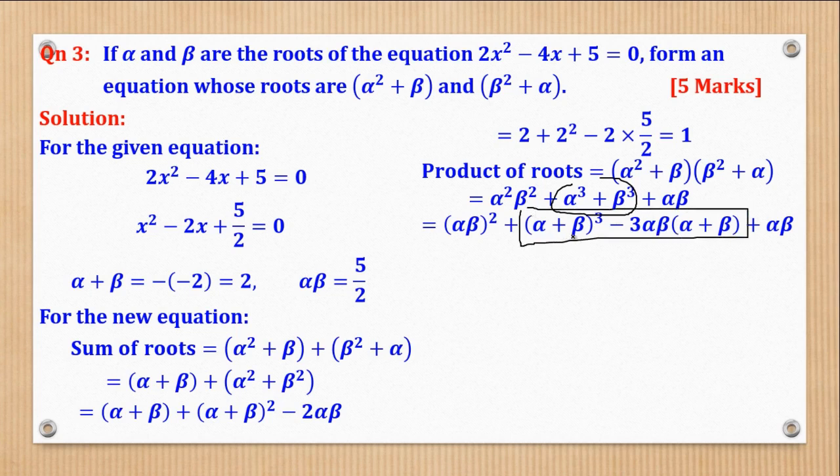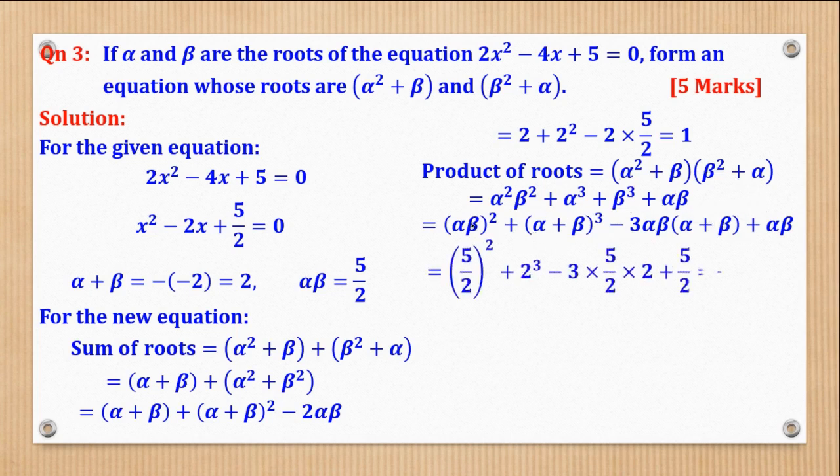It is alpha plus beta everything cubed minus 3 alpha beta multiplied by bracket of alpha plus beta. It is a rule in algebra. Then there is this alpha beta, don't forget it. Then from there you can now substitute product, sum, product, sum, product to give you 7 over 4.